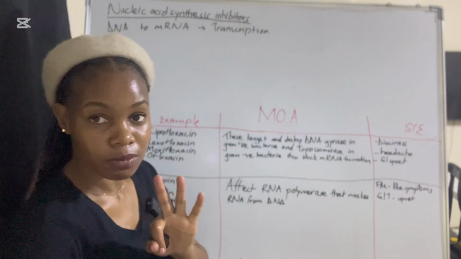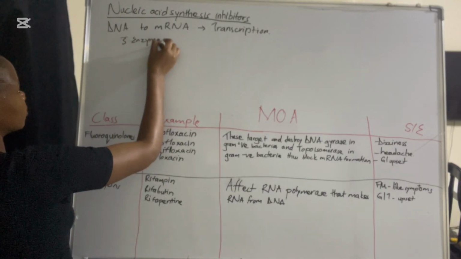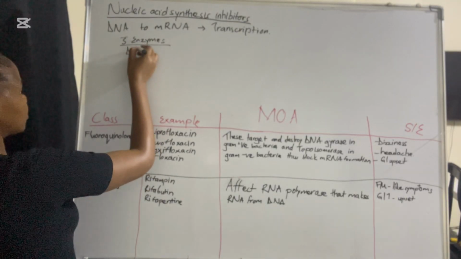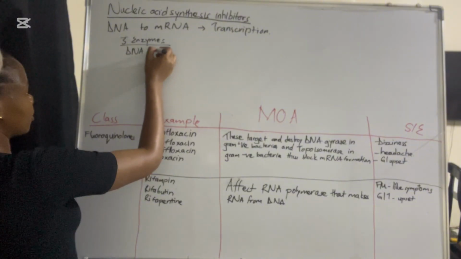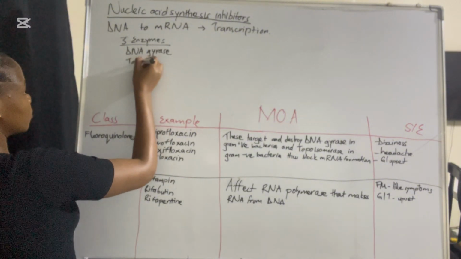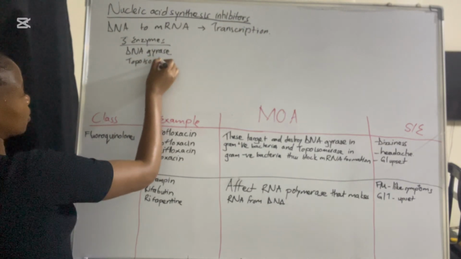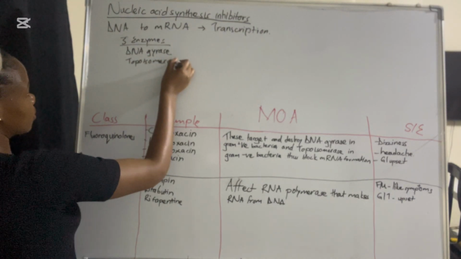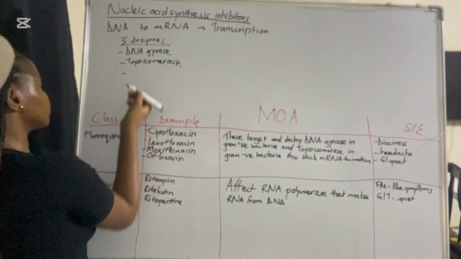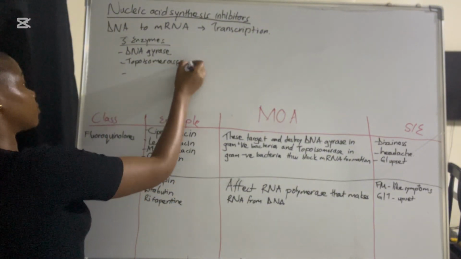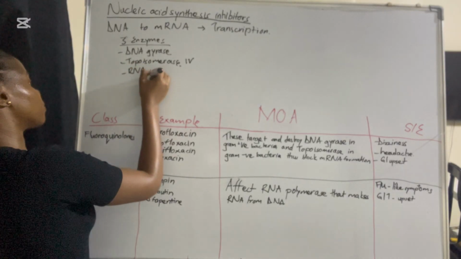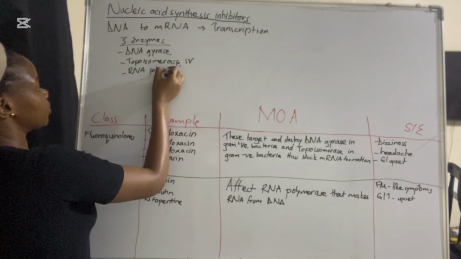It happens with the help of three main enzymes: DNA gyrase, topoisomerase 4, and RNA polymerase.